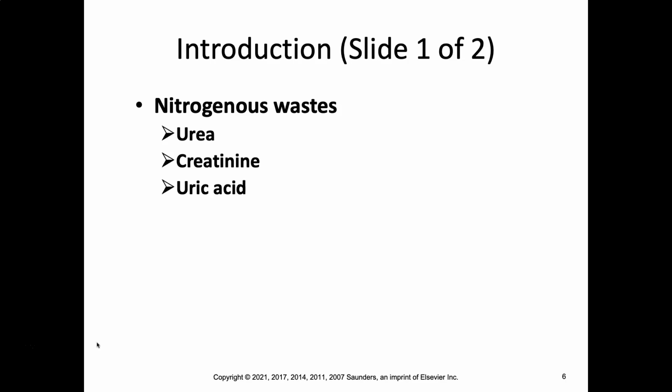If you turn to page 204 at the beginning, it talks about nitrogenous wastes. Those are made up of urea, creatinine, and uric acid. When foods containing proteins are used by cells in the body, nitrogenous waste products, meaning urea, creatinine, and uric acid, are released into the bloodstream.